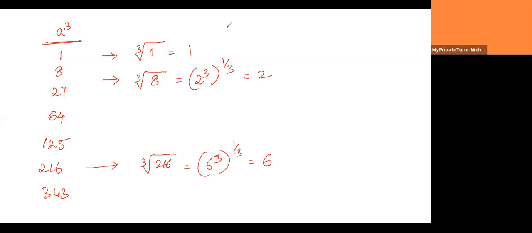Okay, you might have a question. Up to 216 I can remember, up to 343 I can remember. What if it is a bigger number, maybe a 4-digit number or a 5-digit number? How to find the cube root?